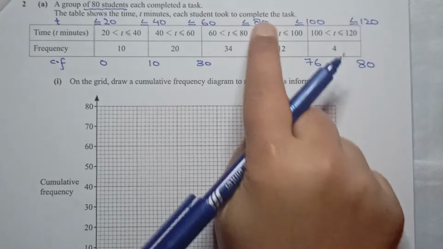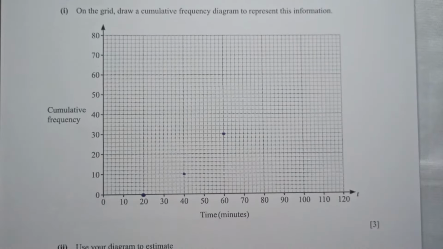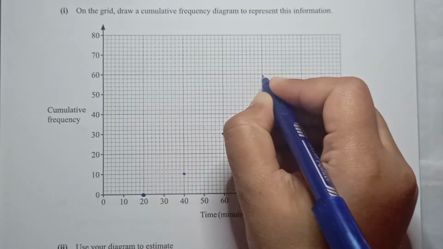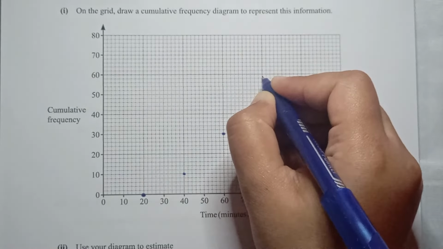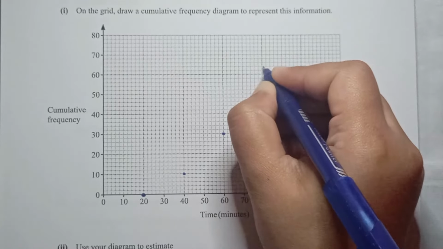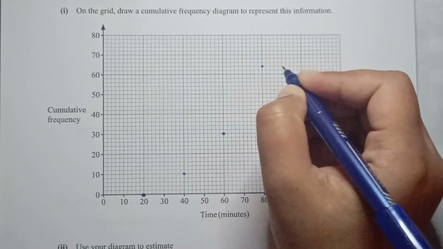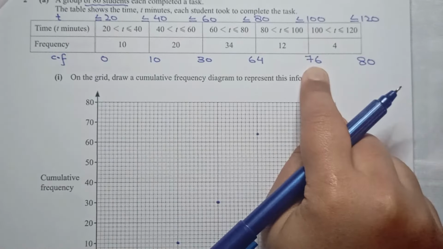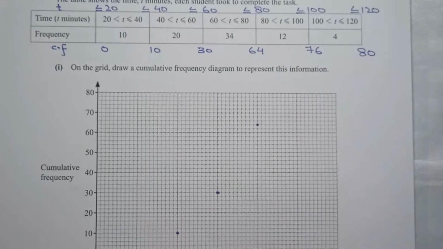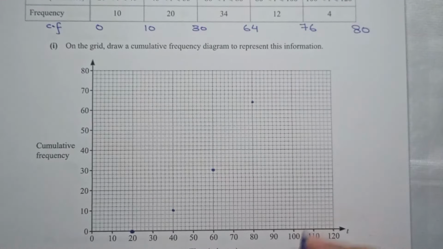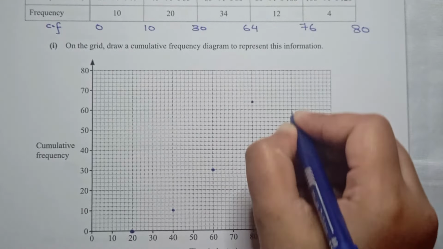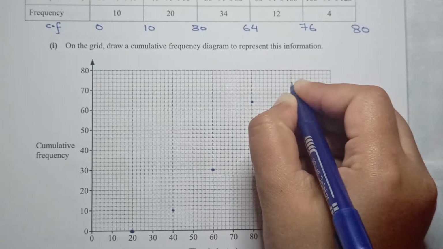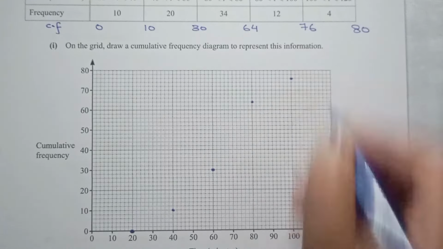Now for 80, it would be 64. We have 80 over here and 64. Yes. And when the time is 100, the cumulative frequency is 76. So for 100, we have 100 over here and we are going up 72, 74 and 76, this point.